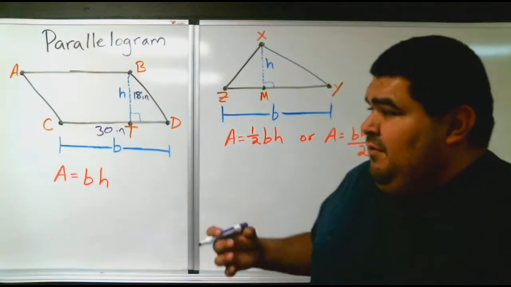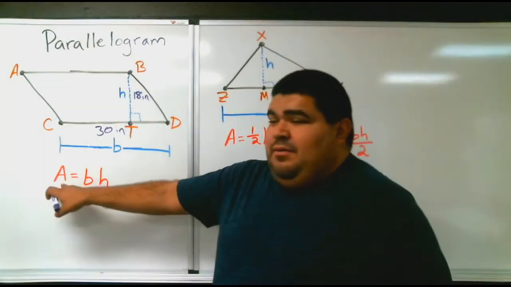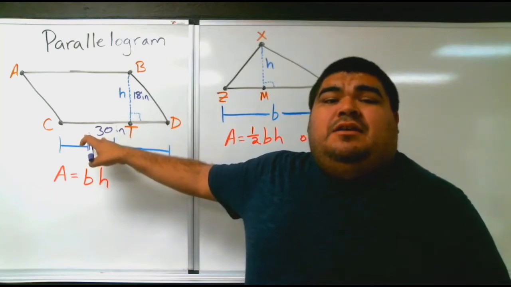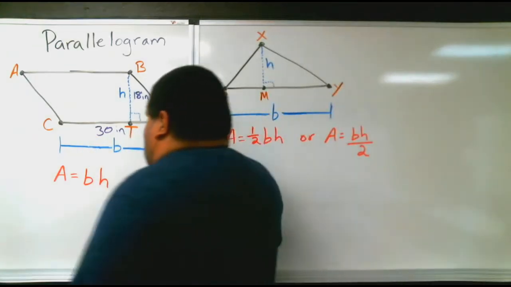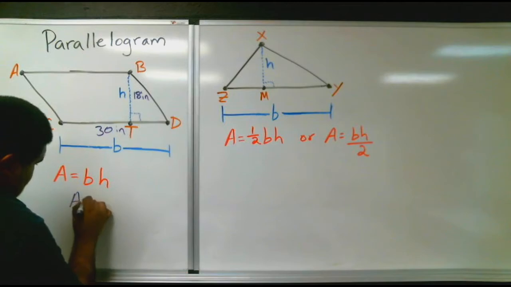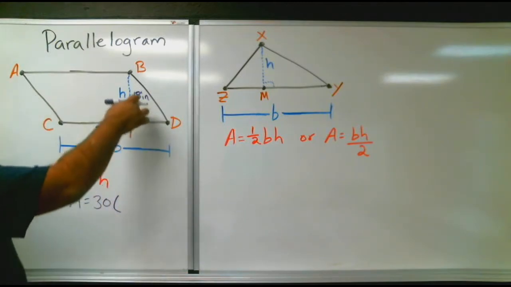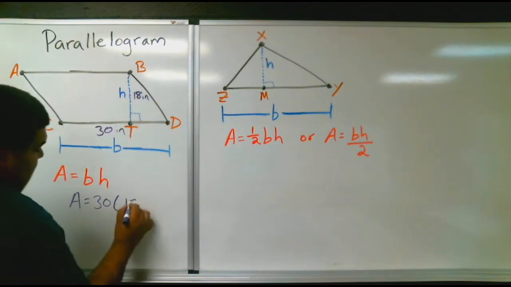Area equals base times height. In this case, the base is 30, so A equals 30 times our height, which is 18.